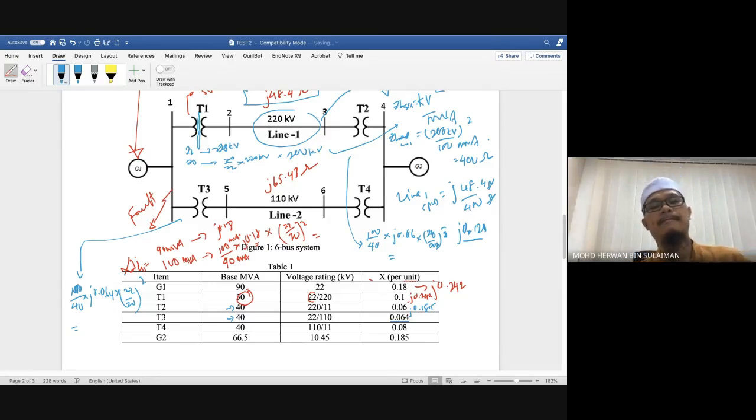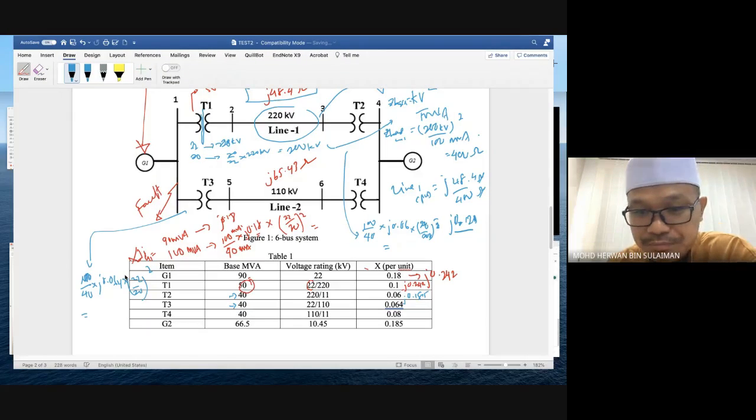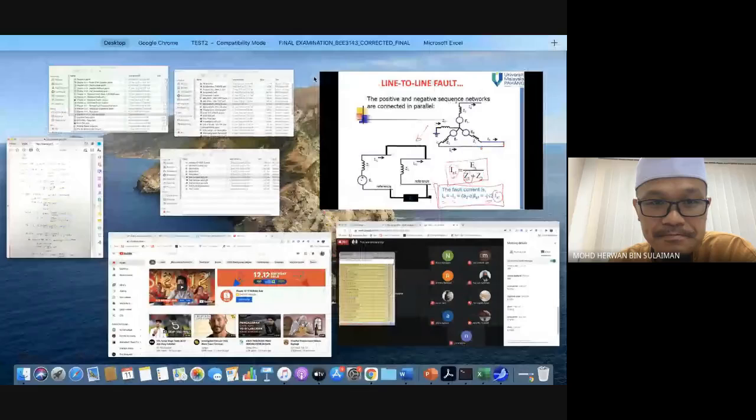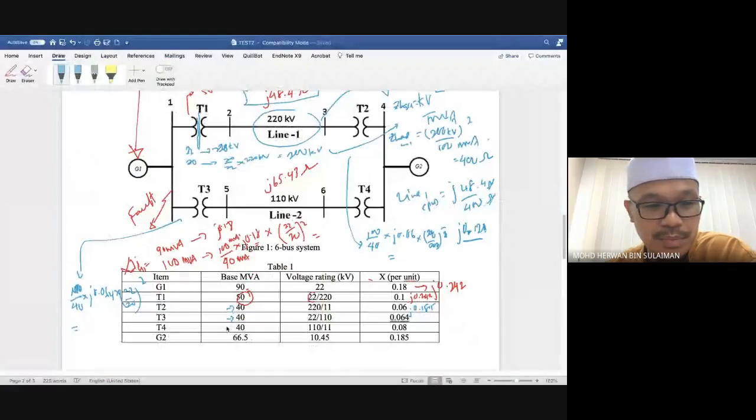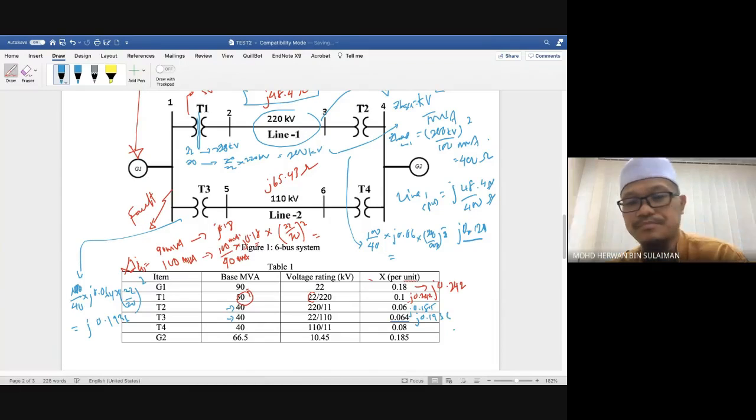So berapa dapat? 100 bagi 40 darab 0.064. Berapa dapat? 0.1936. Okay. So dapat your transformer J 0.1936.